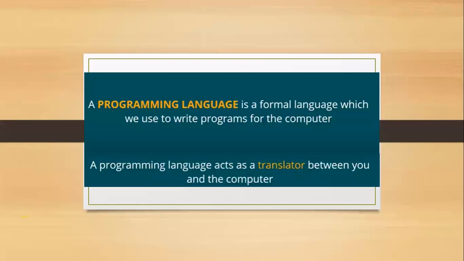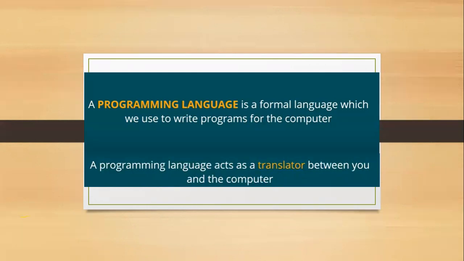A programming language acts as a translator between you and the computer. Remember, computers are machines. Machines never speak in human language. Machines speak in machine language. They speak in the language of the wires. We just connect the wires and the ports, and then they communicate.